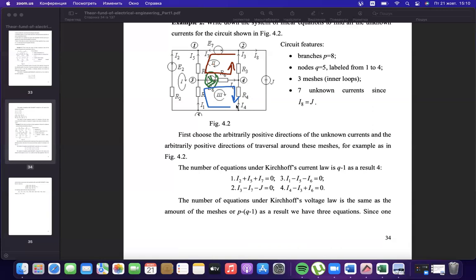Or if we equalize only one, then we don't take into account this source in the second equation, and it will also be a mistake. That is why in such a case, there is only one correct solution: we should take the outside circle.